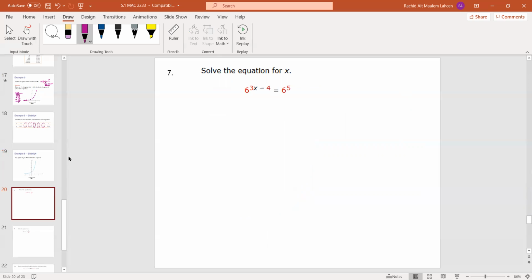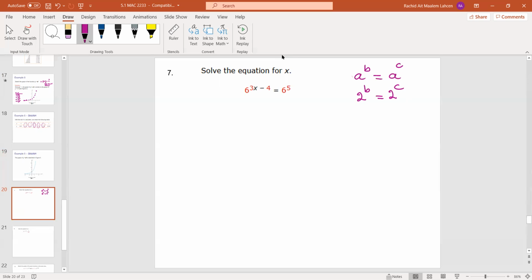This is one case where we use this technique: if you have a power b equal to a power c. Example, 2 power b equals 2 power c.